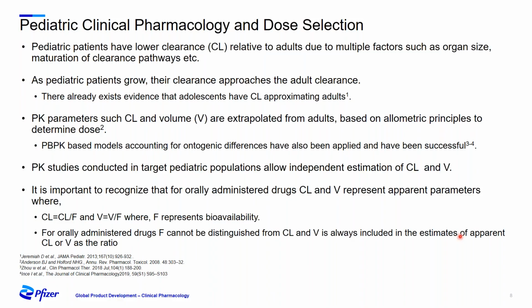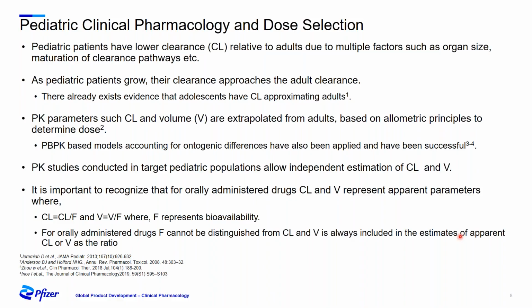For all practical purposes, when we are extrapolating and predicting doses in pediatric populations, we are extrapolating total body clearance rather than the per kg clearance that you may have seen. So all reference to clearance from this point onwards in this webinar is referring to the total body clearance.